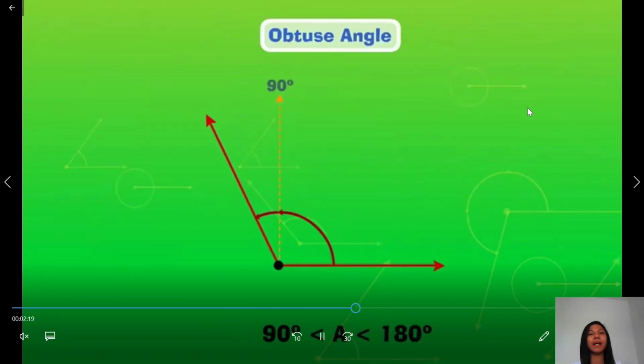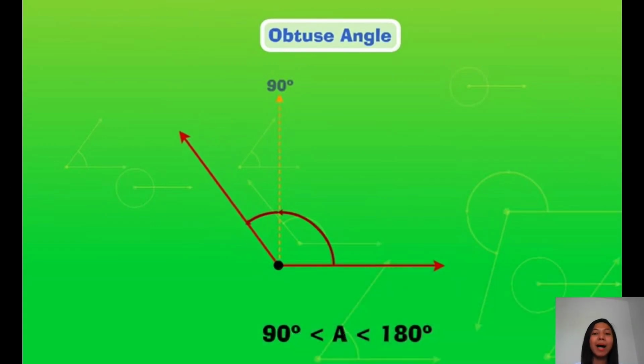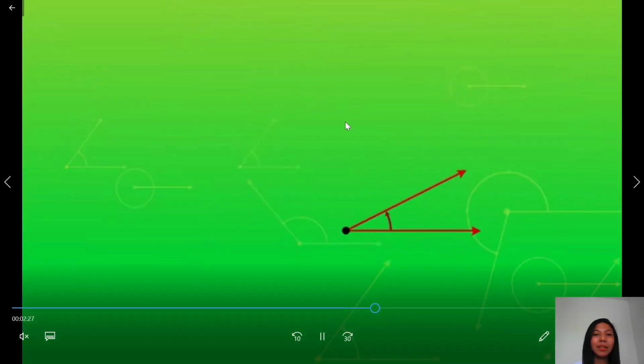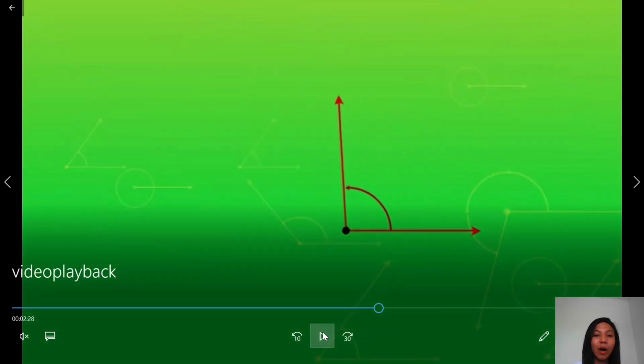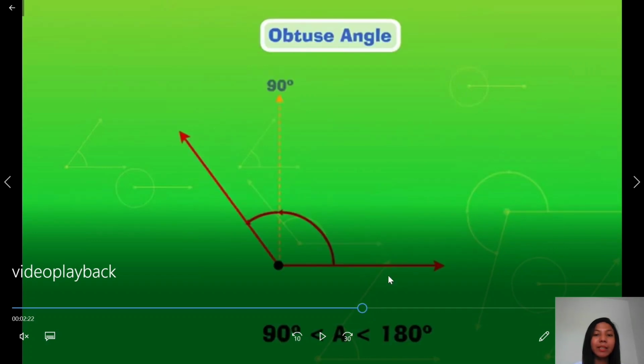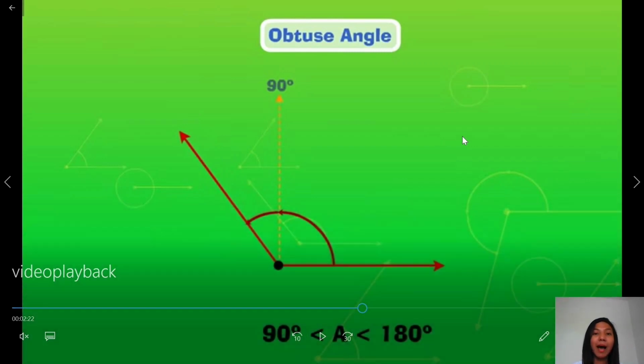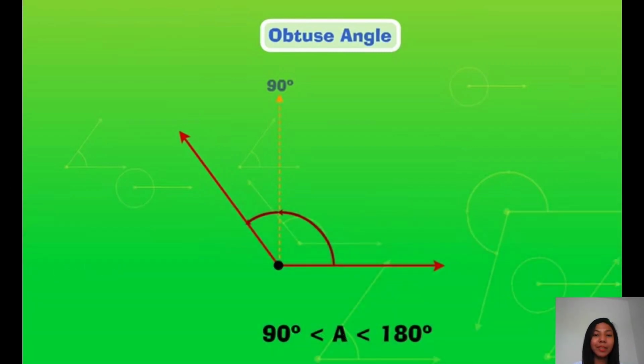What if the angle is more than 90 degrees but less than 180 degrees? This is an example of the obtuse angle. So any number between 90 degrees and 180 degrees.